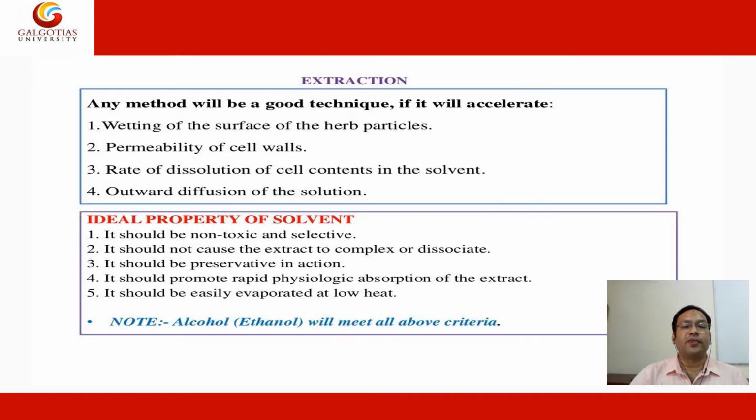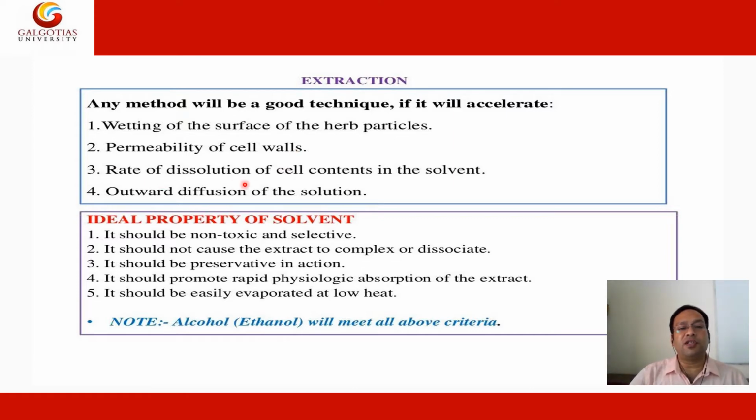Okay student, any extraction method will be a good technique if it accelerates the wetting of the surface of the hard particle. This is the fundamental of any extraction method. Permeability of cell wall, because most of the alkaloid is found in the plant cell, deposited in the cell wall.